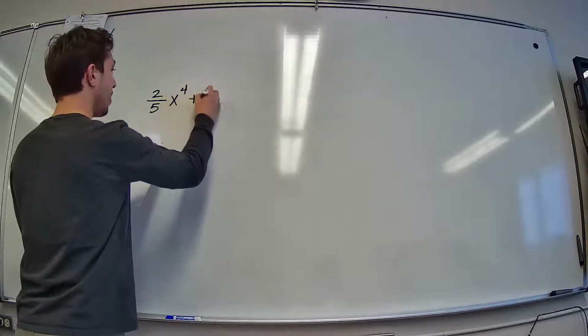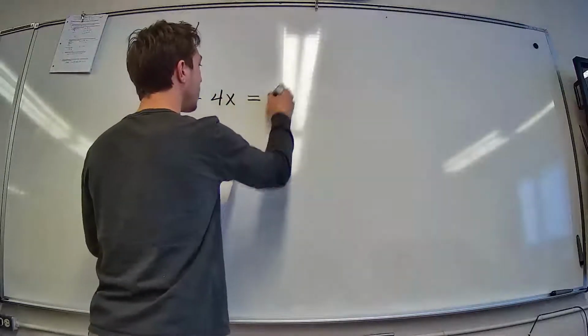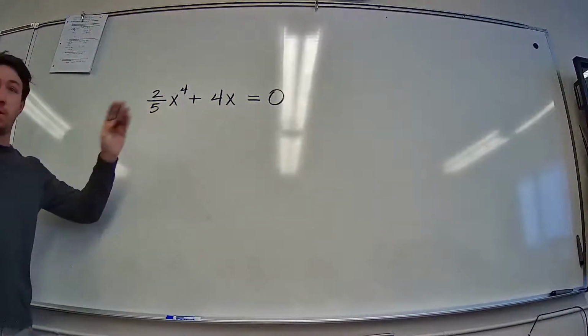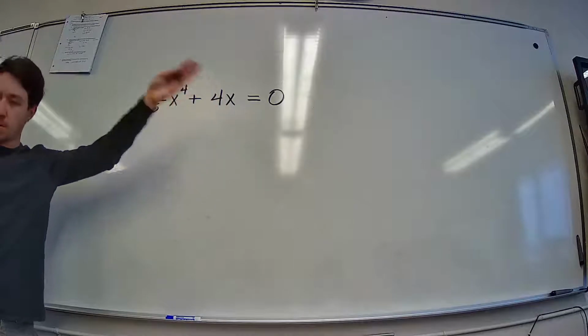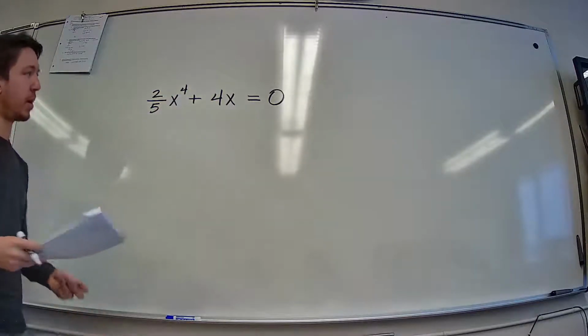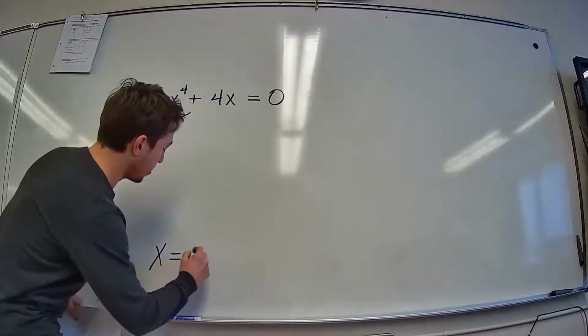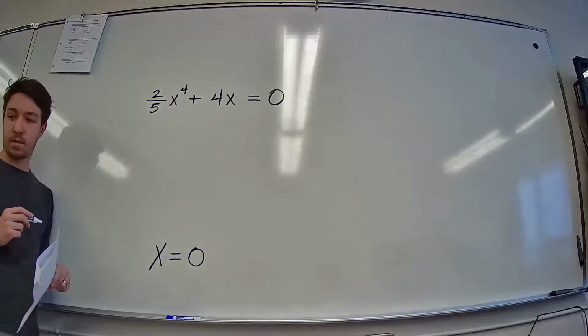Very good. Because if you made your x be 0, you would just have 0 plus 0, and 0 plus 0 is 0. So we already know, spoiler alert, 0 is one of the solutions.